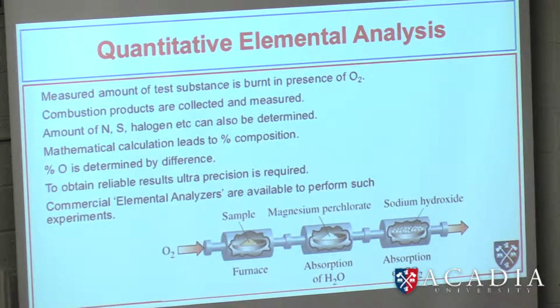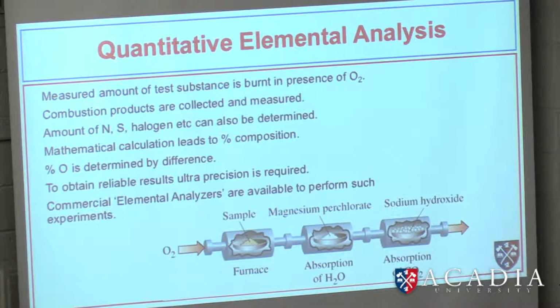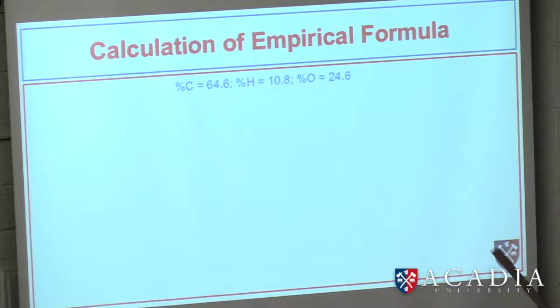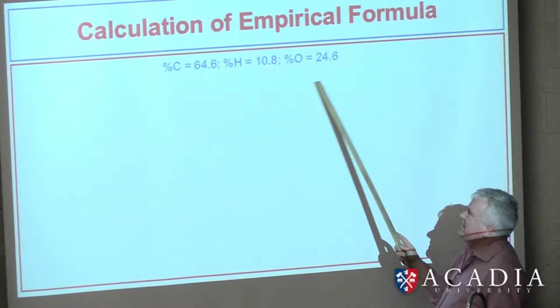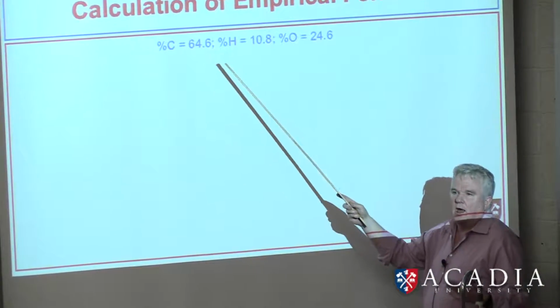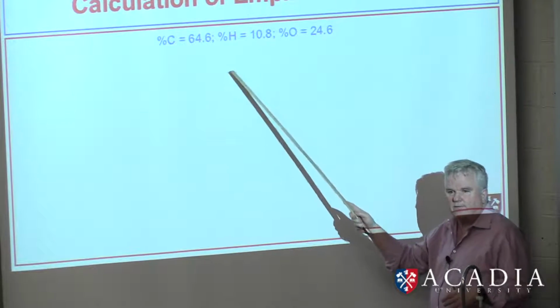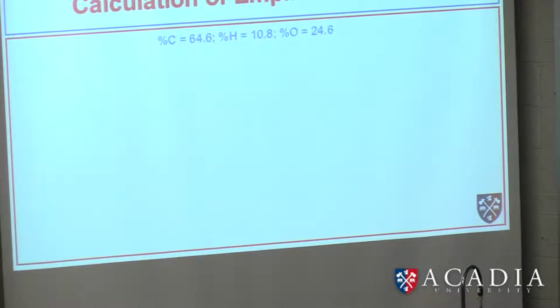Okay, so what this gives us, though, is just an elemental composition. So for instance, we might burn an organic compound that just has carbon, hydrogen, and oxygen, and this is what we get. These are problems you've done. How many people think they could get the empirical formula from this now? What would you do?